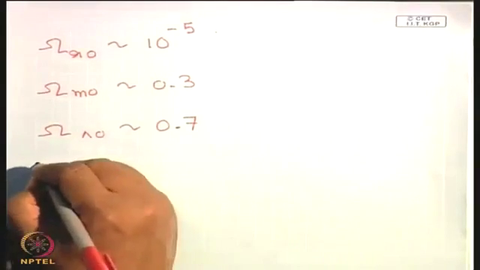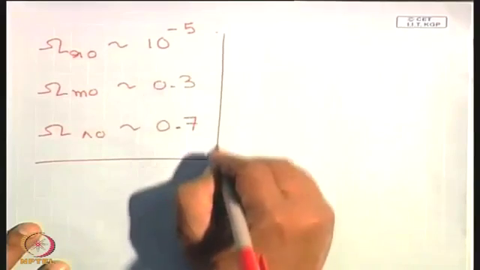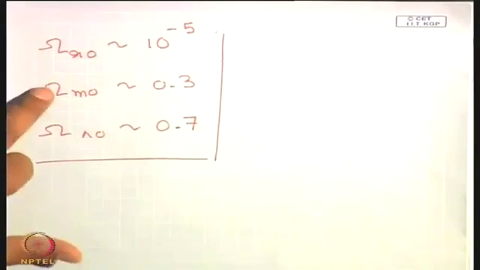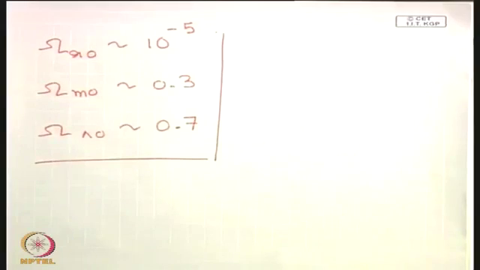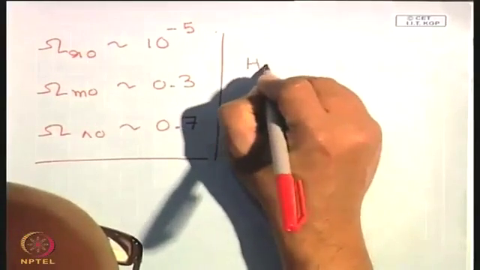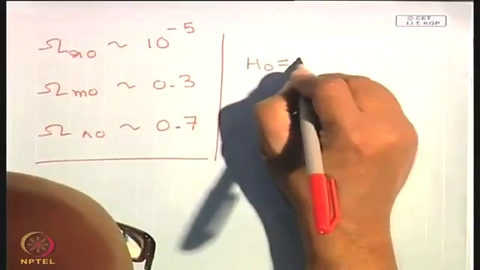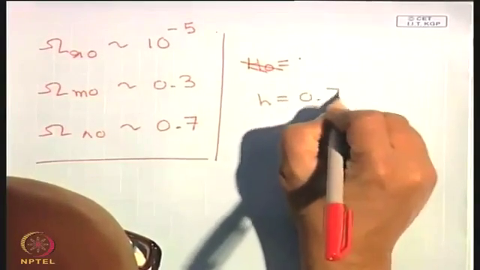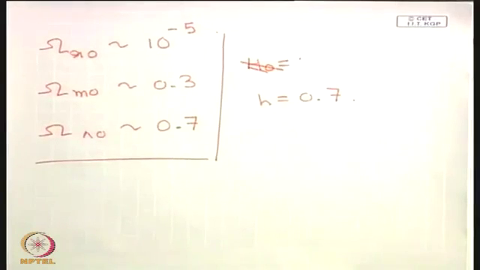Work out the behavior of the scale factor as a function of time for a cosmological model where you have these three, h naught, rather h. So, this is a homework. Please work out the expansion history for a model with this.